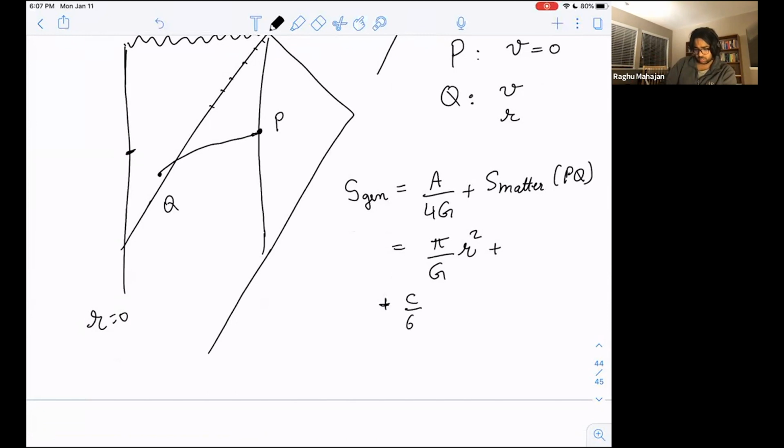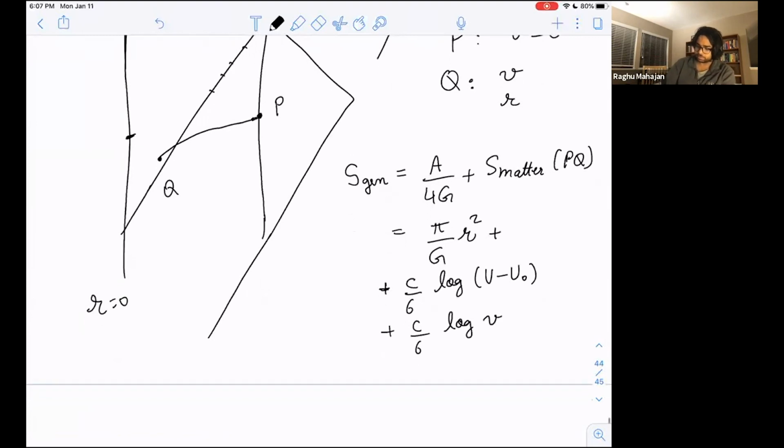So it is C over 6 log of U minus U naught, plus C over 6 log v, plus C over 12 v.